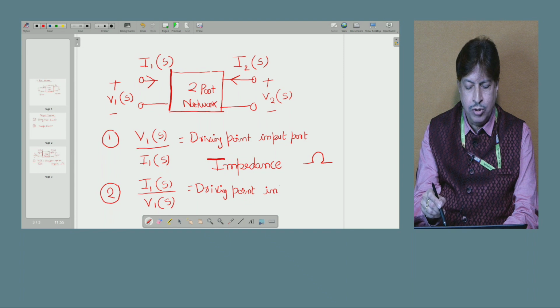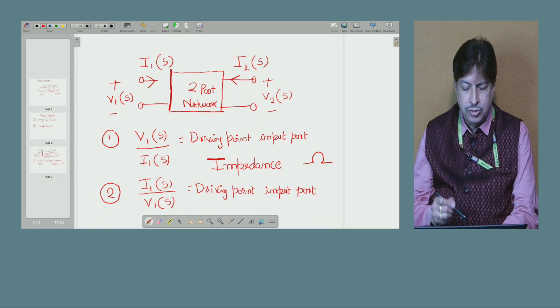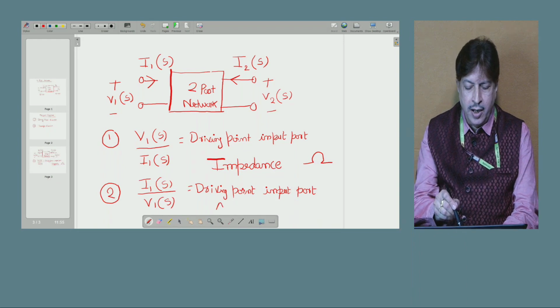input port, or simply you can say input current to voltage ratio is called admittance.